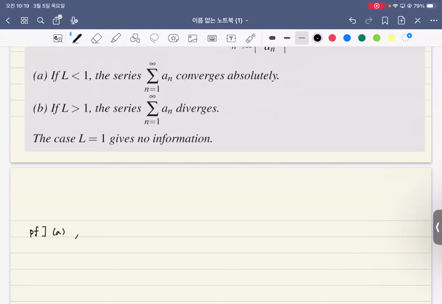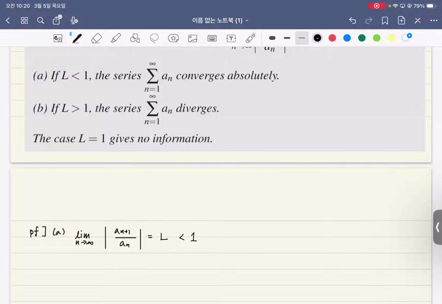All right. I will try to prove A. Because of the assumption, a_{n+1} over a_n converges to L, and say that this L is strictly less than 1.